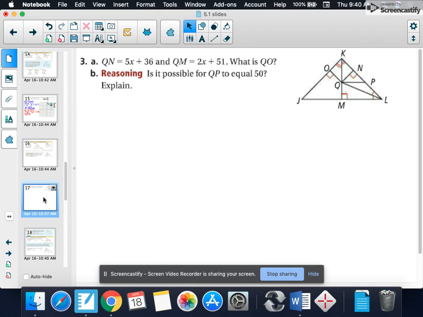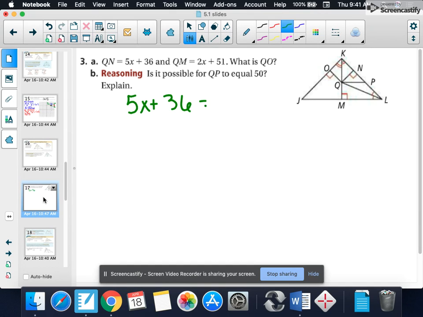Then we're going to look at an example. They give us that QN is 5x plus 36 and QM is 2x plus 51, and we need to find QO. We know from the theorem we just read that QN has to equal QM, which also equals QO. So we set them equal to each other and find x first. 5x plus 36 equals 2x plus 51, so we get 3x equals 15, so x equals 5.